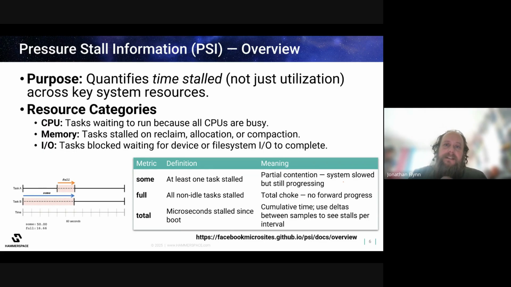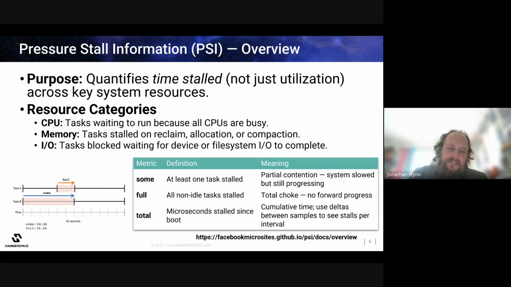And then total is a running count of microseconds in which threads were stalled during uptime of the system. In my case, I stepped back and wrote my own collector with 1 second intervals, high resolution, and I calculated deltas for the total. So that allowed us to see how much time was wasted per second when we look at some of these spreadsheets where I've collated the data.